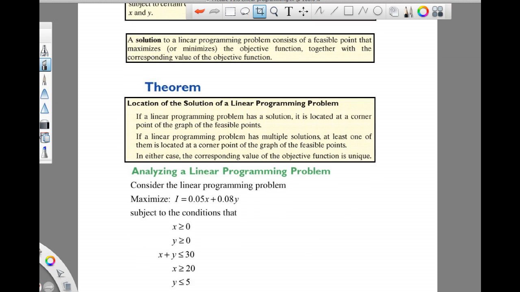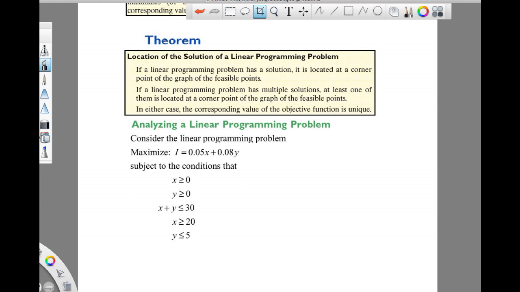To do that we have to accept this theorem, which says that if you're dealing with a linear programming problem, and for example the last problem we did in 11.7 could be viewed that way, the problem that dealt with investing money, then the maximum or minimum solution occurs at your corners.